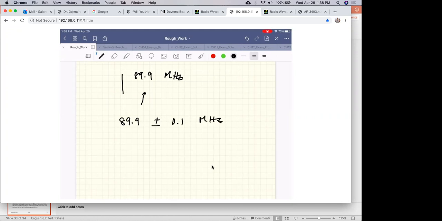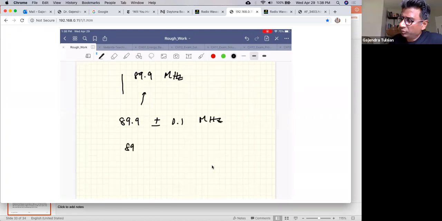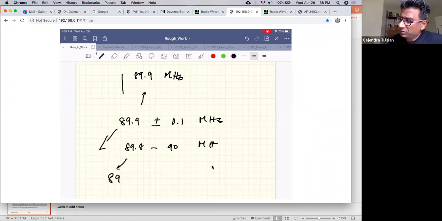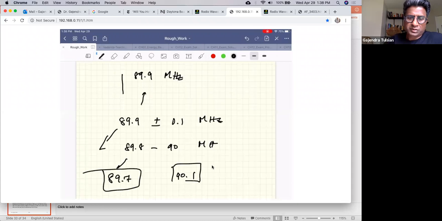So all your information is in this window, 89.8 to 90 megahertz. Okay. So that's why the next stations are 89.7 and 90.1 megahertz. So that's how the station frequencies come about.